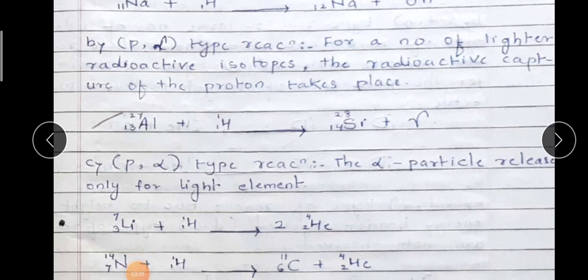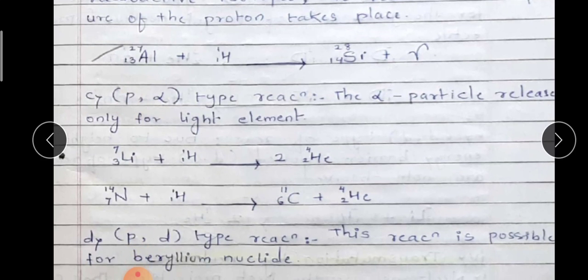The next reaction is the P alpha type. Alpha is nothing but helium; proton is bombarded, helium is emitted. 3Li7 plus 1H1 will give you the formation of 2He4.